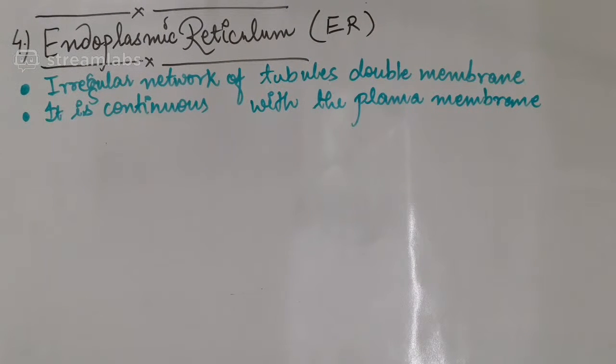It forms a network inside the cell and also acts like a pipeline of the cell or the factory. Cell as a factory and endoplasmic reticulum are the pipelines. Just compare it like that only. It is forming the supportive framework and also the synthesis and transport of proteins and fats.